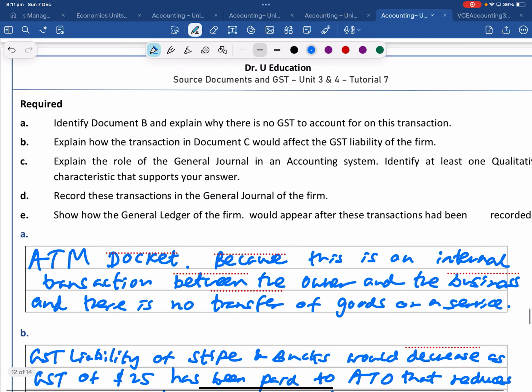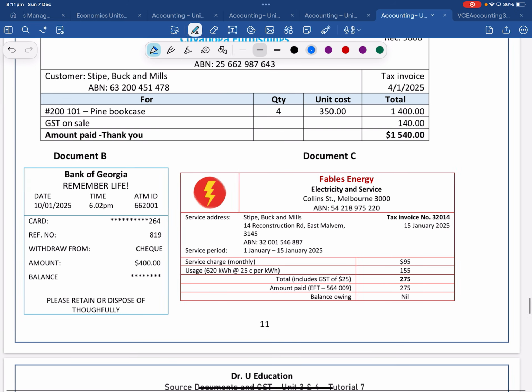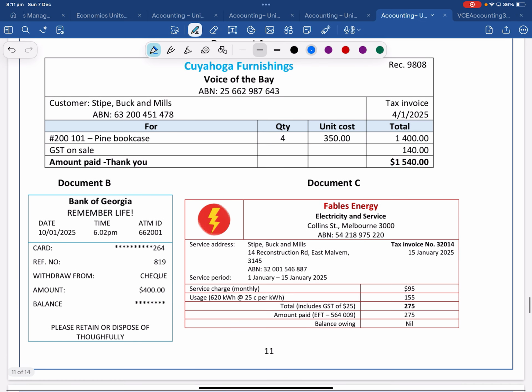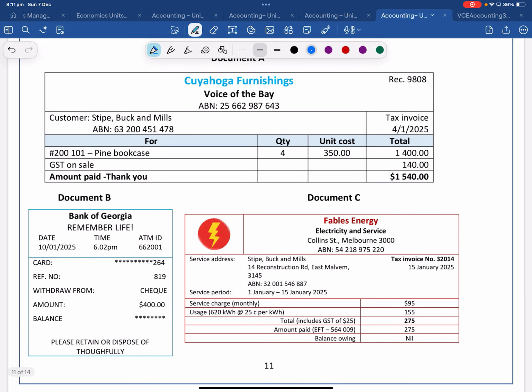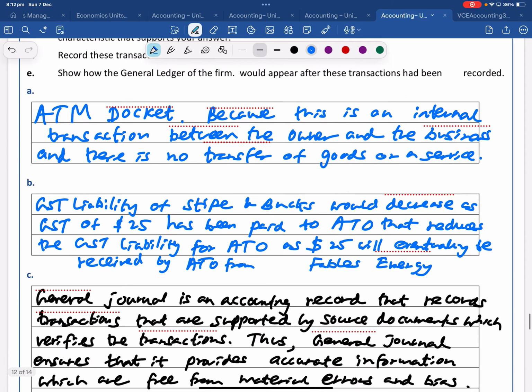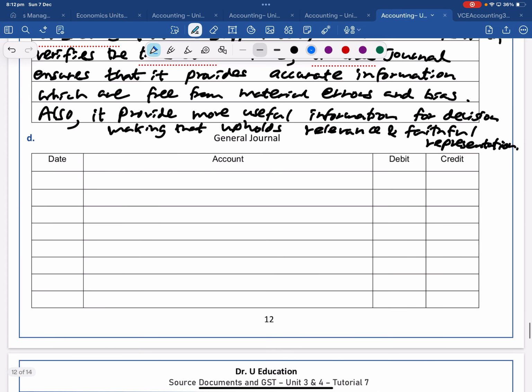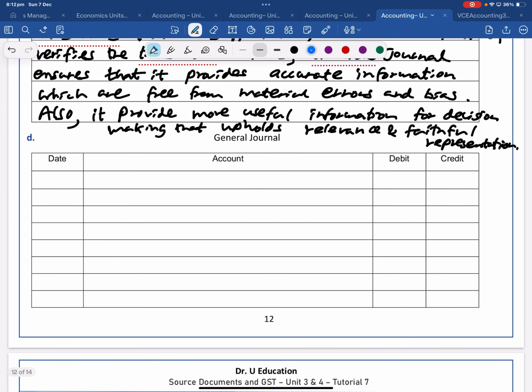Part D: record these transactions in the general journal. What are the transactions? Only three, with narrations. First one. What's the double entry? Is it a sale or purchase of inventory? Purchase of inventory. In cash or credit? Cash. So what's the double entry? Inventory increases, debit, on January 4th.